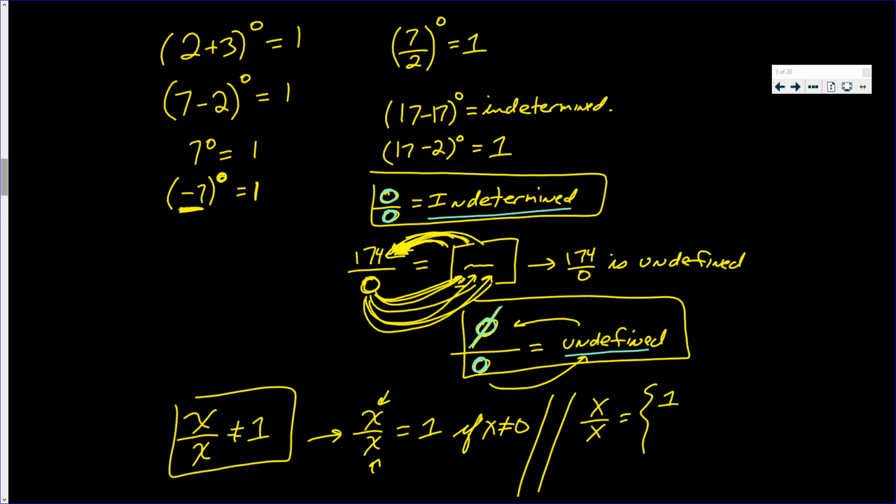X over x equals 1 if x is not 0, and it equals indeterminate if x is 0. It's not always 1.